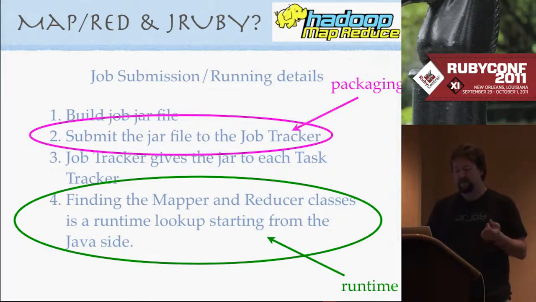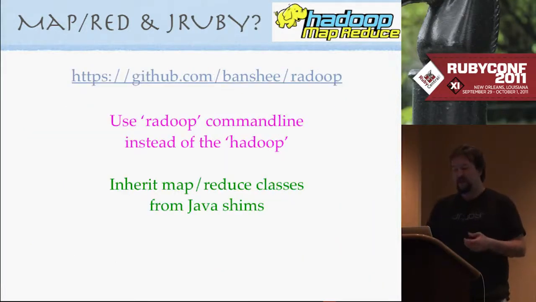Now, there are a couple of things that are already out there. One of them is Hadoop. If you Google Hadoop right now, you won't get this project. There's something a little more recent which is taking the name Hadoop, and it actually has nothing to do with Ruby. In this one, you use a Hadoop command line instead of the Hadoop command line, so that's actually subverting the bootstrapping process of submitting the job.